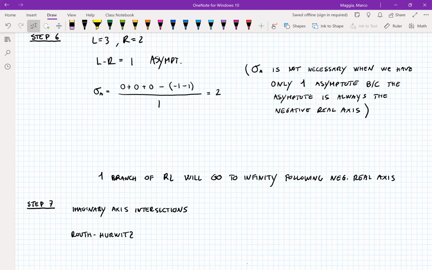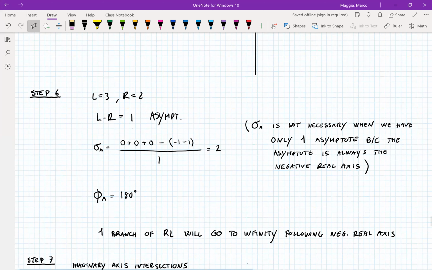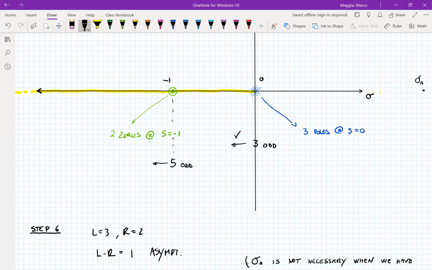What about the angles of the asymptotes? Well, in this case, I should say the angle of the single asymptote. And when we only have one, the angle is always 180, which we already know. And in fact, we're going to minus infinity.